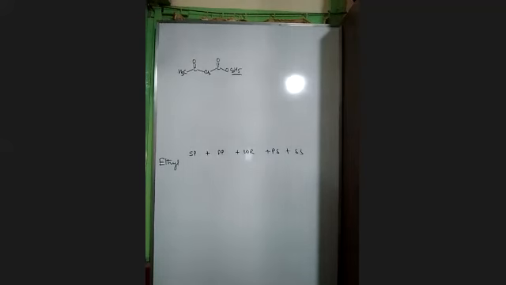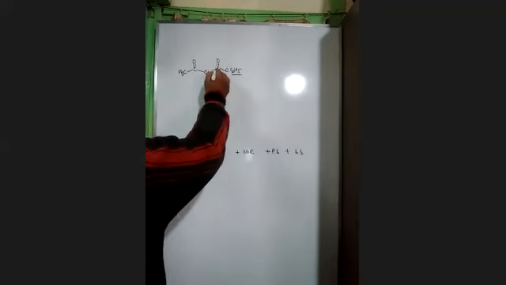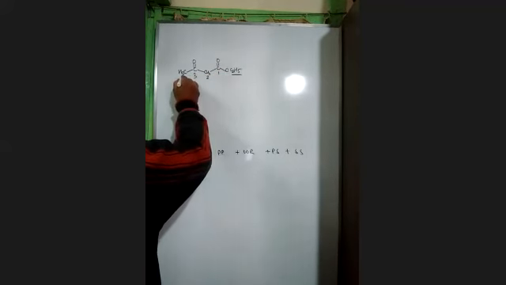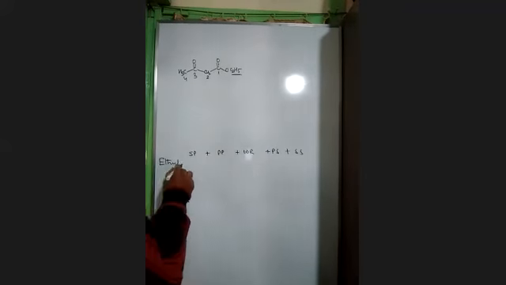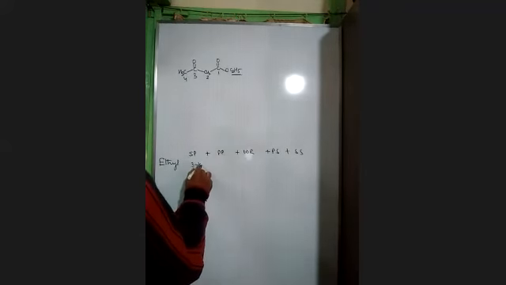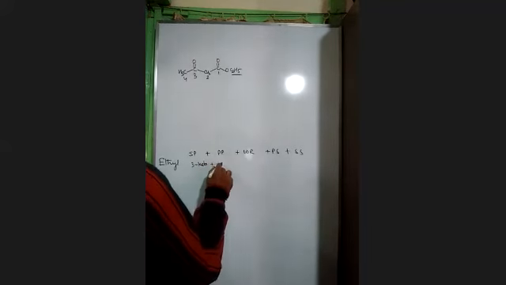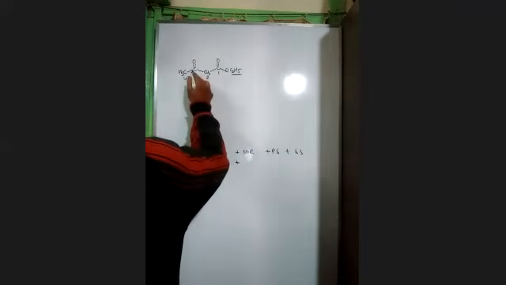Sir, ethyl 4-ketopentanoate. Ethyl 4-keto... oh, 3. Ethyl 3-keto butanoate. 1, 2, 3, 4.